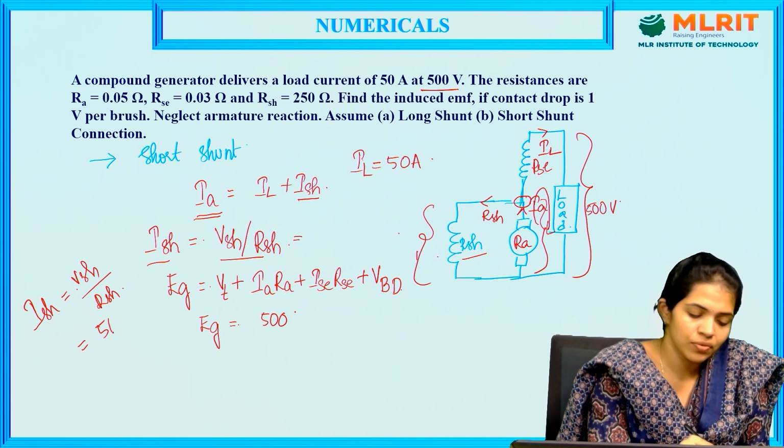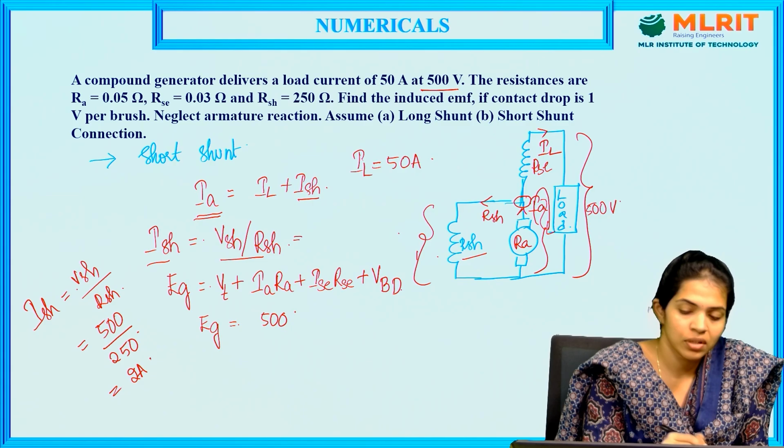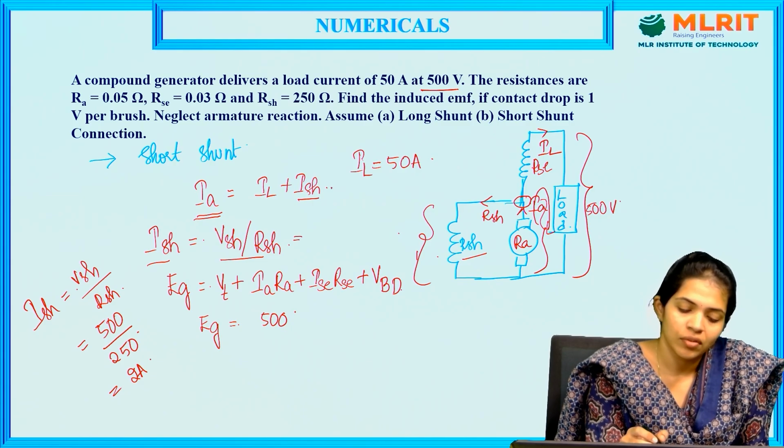This VSH is 500 by 250, so we will get it as 2 amperes. Again, we got IA as 52 amperes.